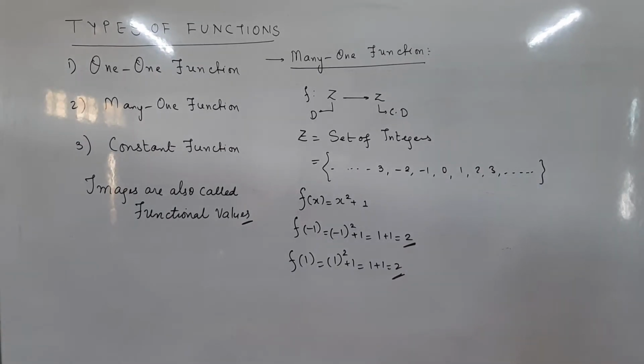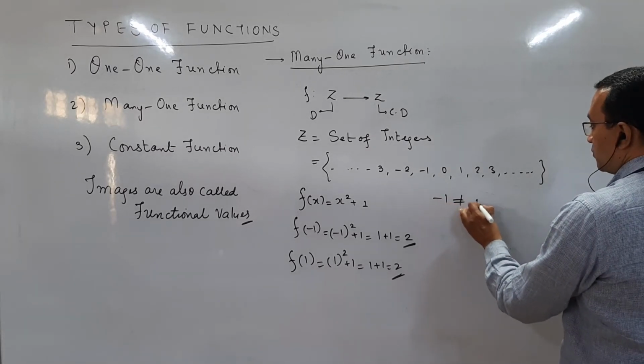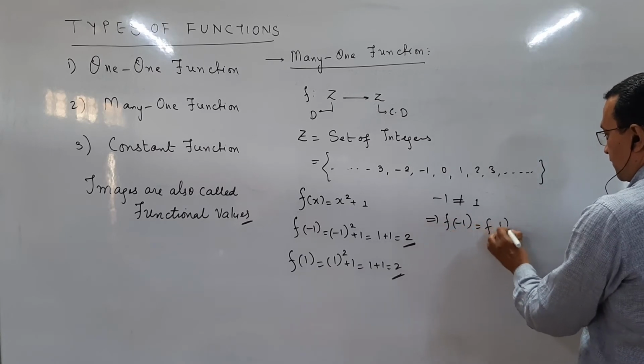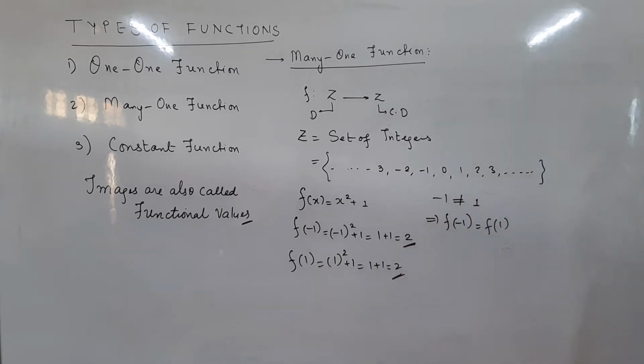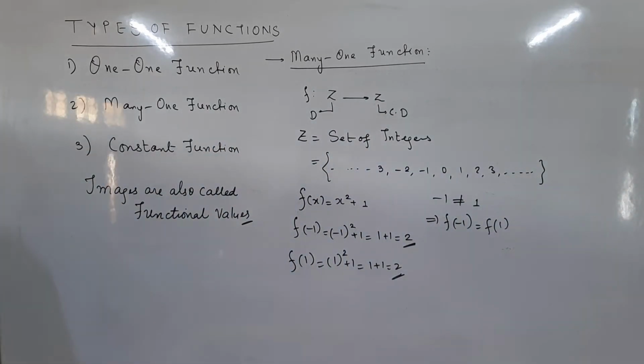I repeat, minus 1 and 1 are different elements of the domain, but their images turn out to be the same. So I write like this, minus 1 is definitely not equal to 1, but f of minus 1 is the same as f of 1. So what is the definition of a many-one function?